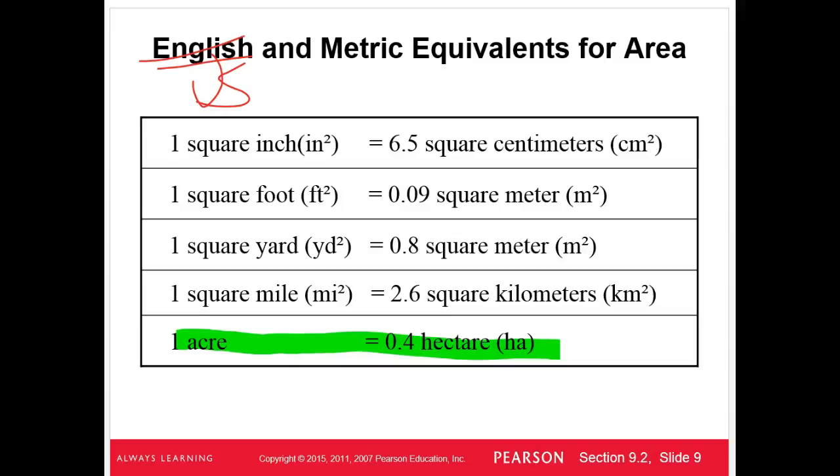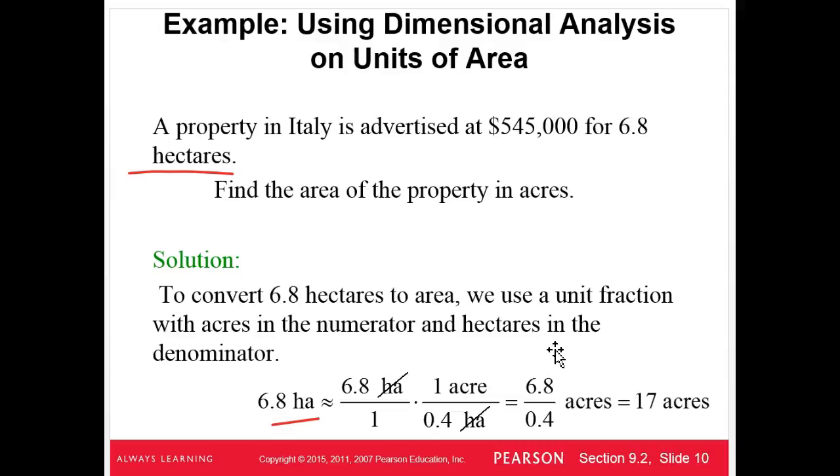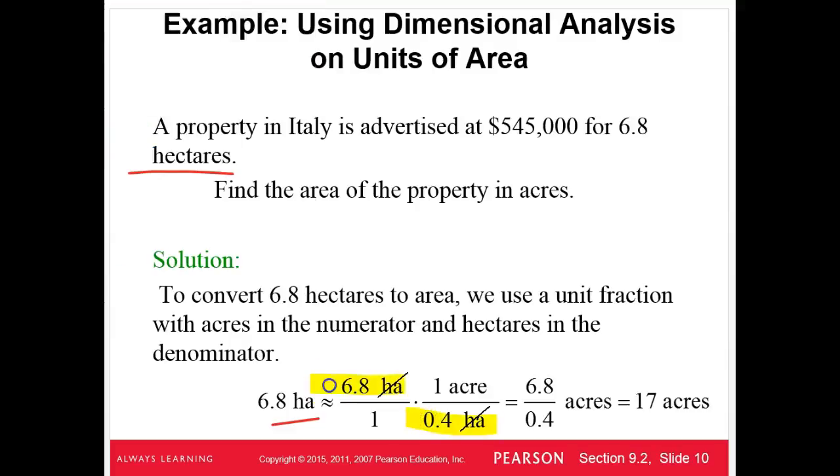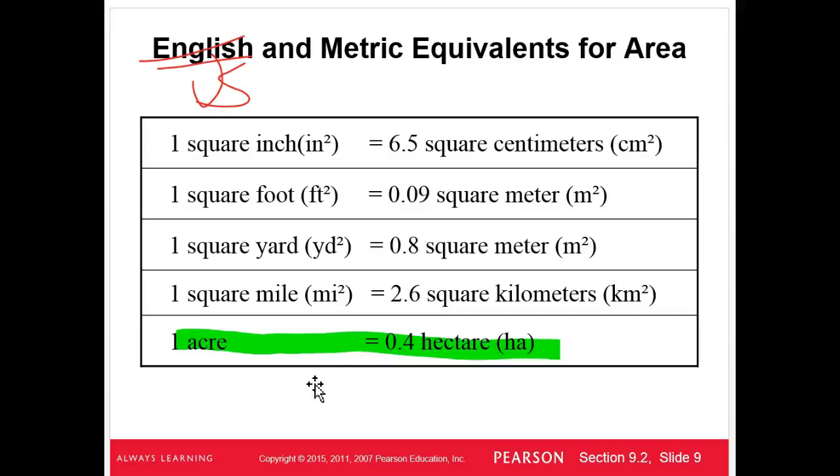We want to make sure that the units offset, so that hectare has to be down in the denominator when we create our unit fraction. Remember, we want to put those two things that are equivalent, one over top of the other.